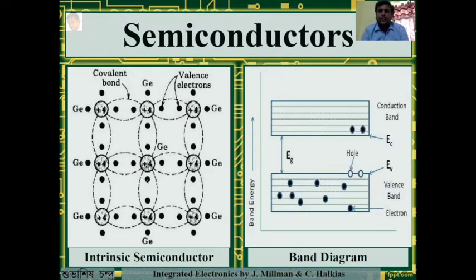If we look at the band diagram of an intrinsic semiconductor, we find out that there is a band gap Eg, which is about 1.1 eV for silicon, and it has two bands, the conduction band and the valence band. The conduction band in normal condition is always empty, whereas the valence band is always full.